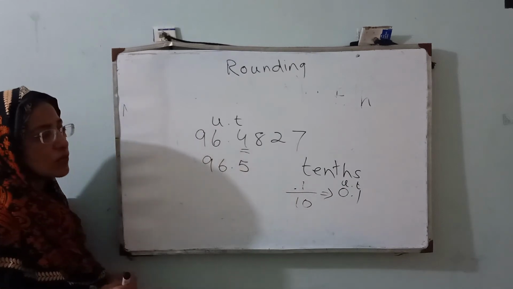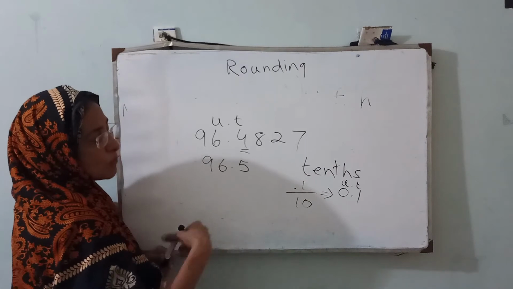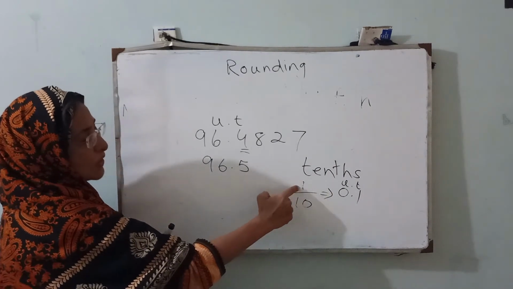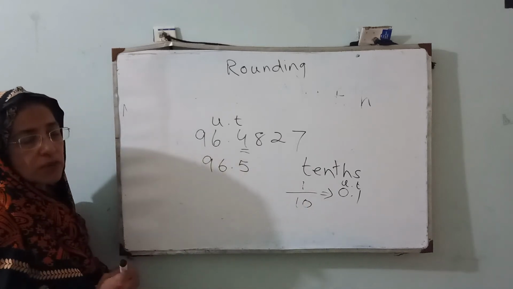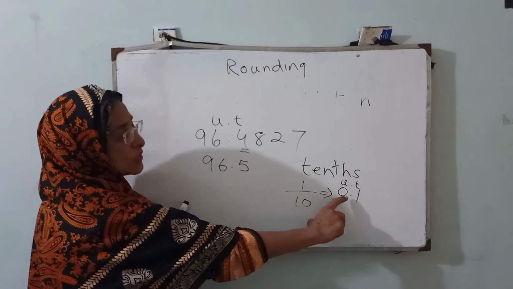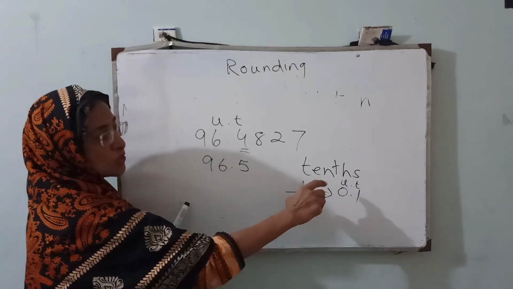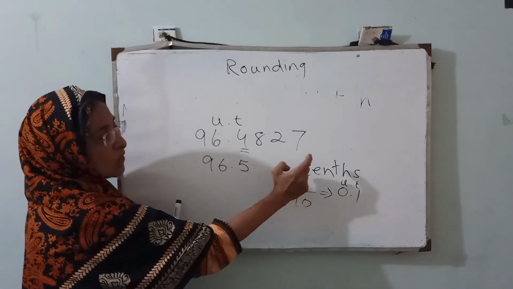So I have to round the number to the nearest tenths. Both of these are the same. If in the question it is written 1 by 10, that means you have to round the number to the nearest tenth. Or if it is written to round the number to 0.1, that also means you have to round the number to the nearest tenth.